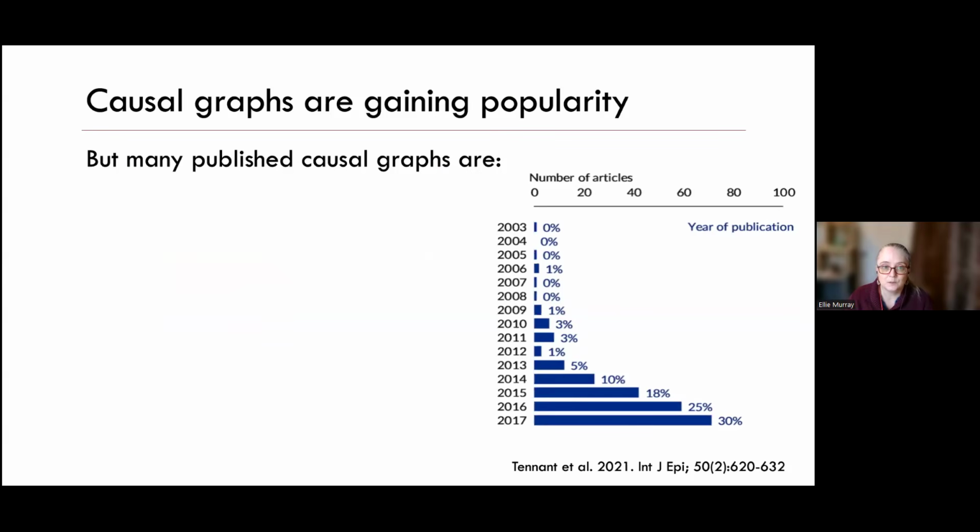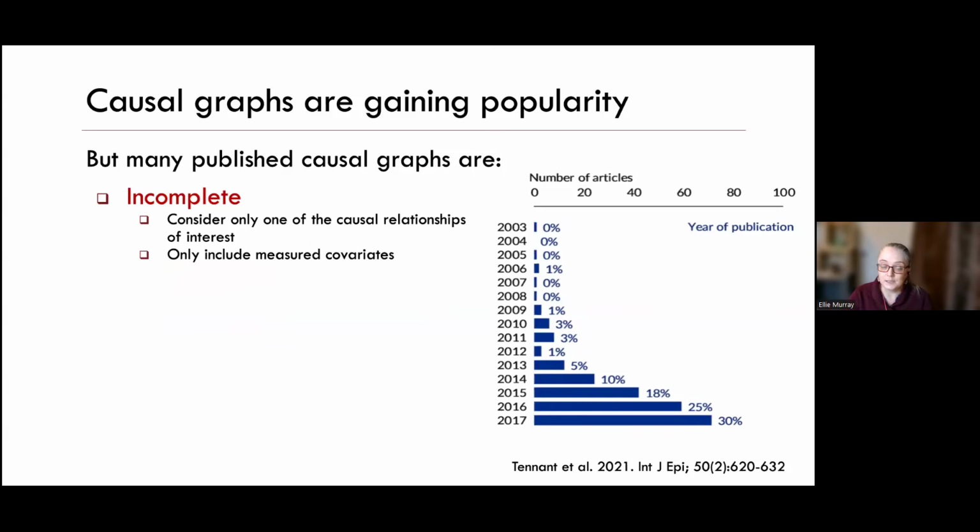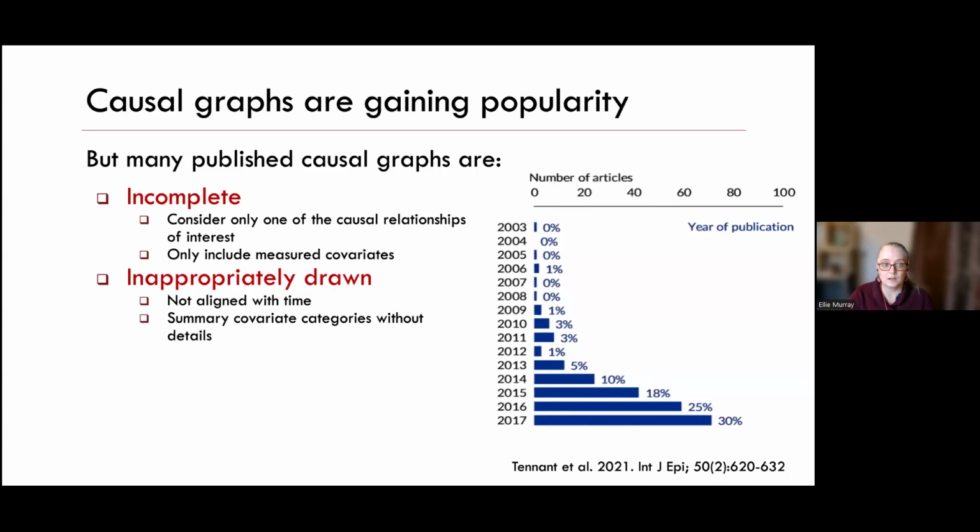But when we look at those actual articles, many of the published causal graphs are incomplete, so they consider only one of the causal relationships of interest in the study, or they only include measured covariates and don't include any unmeasured covariates that might be important but that they simply don't have data on.